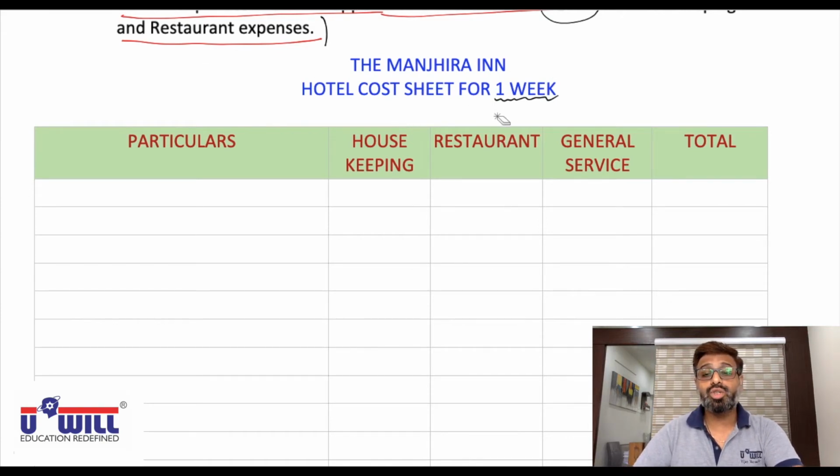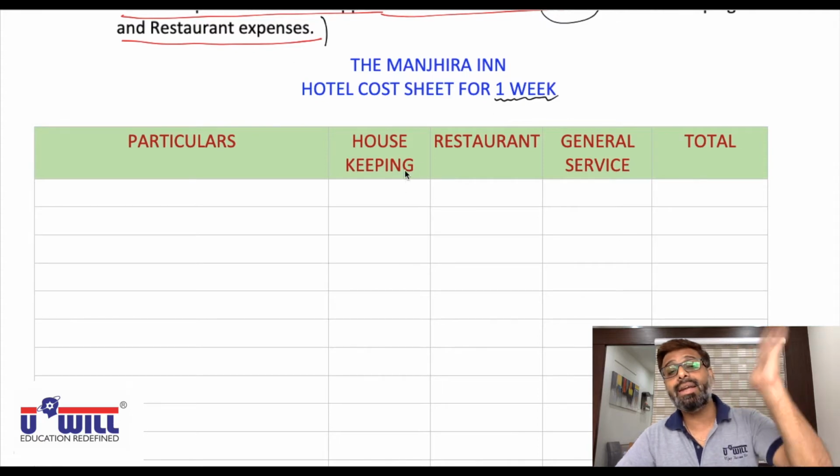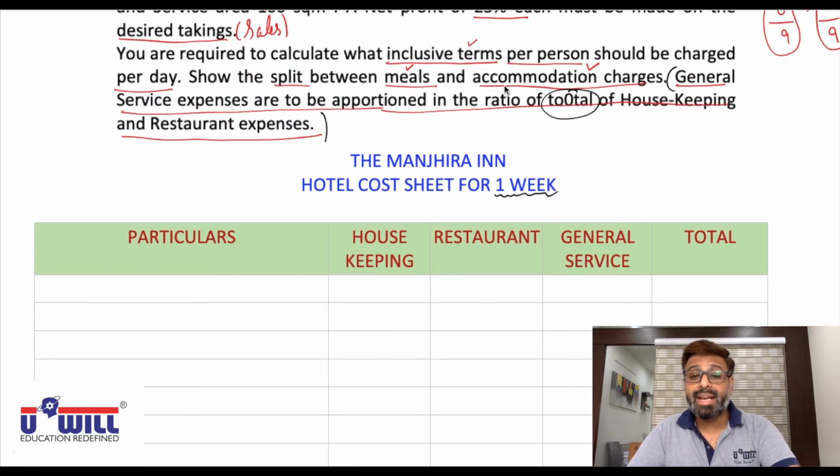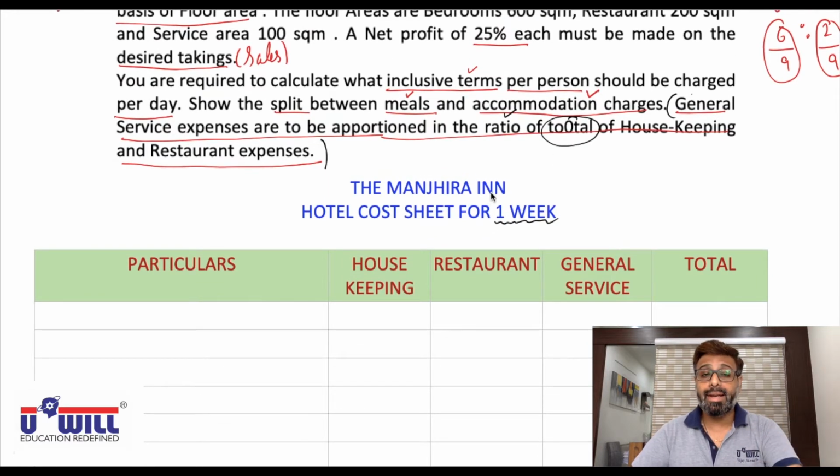Since food cost goes only in restaurant, we would add it at the end. Initially, we take only those expenses which go in housekeeping as well as restaurant, so that we get this ratio of total expense of housekeeping and restaurant in which general expenses can be transferred. So because of this last sentence, we will not start with food cost. We will add it at the end.